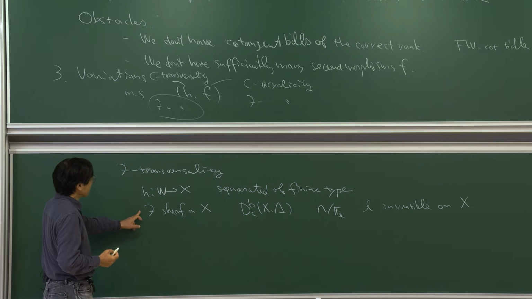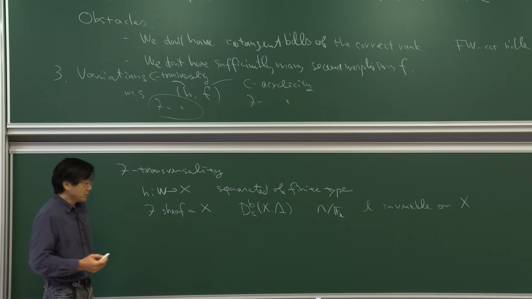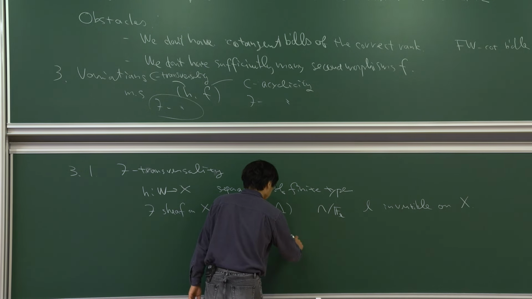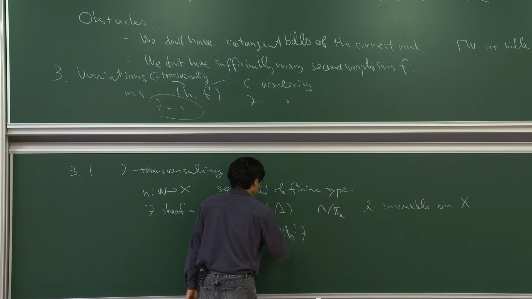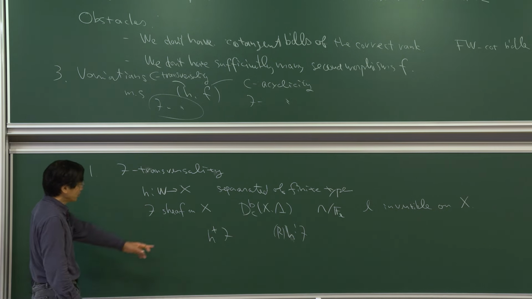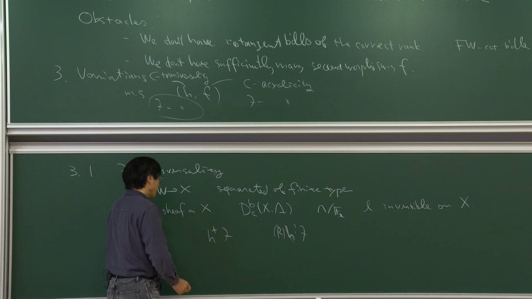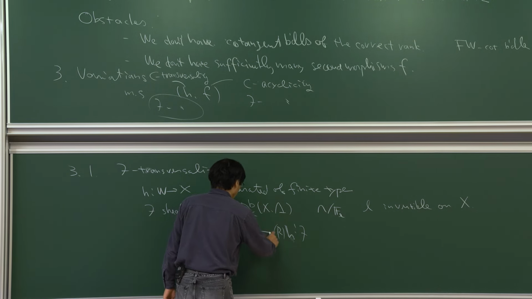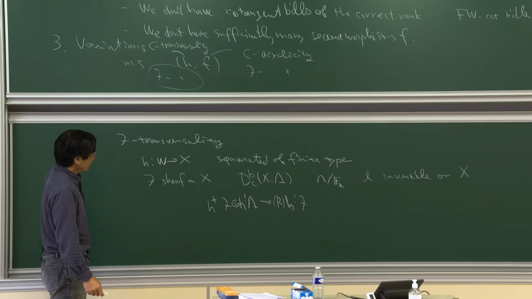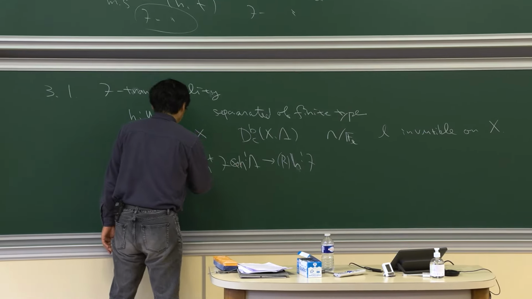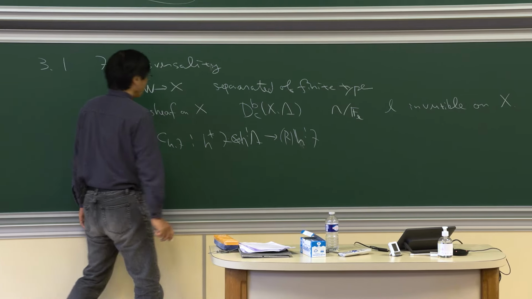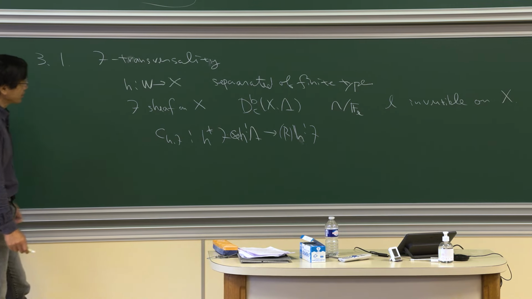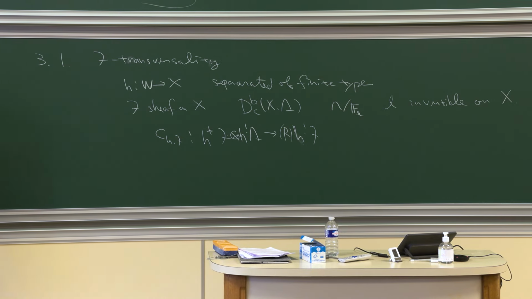So we are interested in the pullback of this F by this h. But there are two ways to pull it back, and I want to compare these two. To compare them, I need to take a tensor product. Then there is a canonical morphism between these two, defined using adjunction and the projection formula.